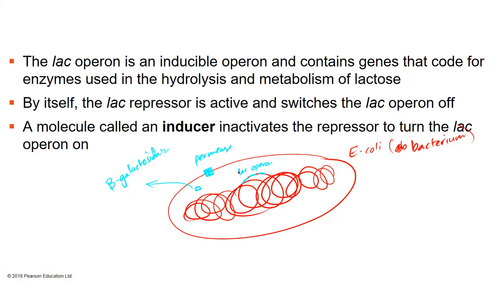If there is lactose, these two enzymes, or the lac operon, allow the bacteria to uptake lactose from outside, and then this lactose, using the enzyme beta-galactosidase, will be converted into glucose and galactose.